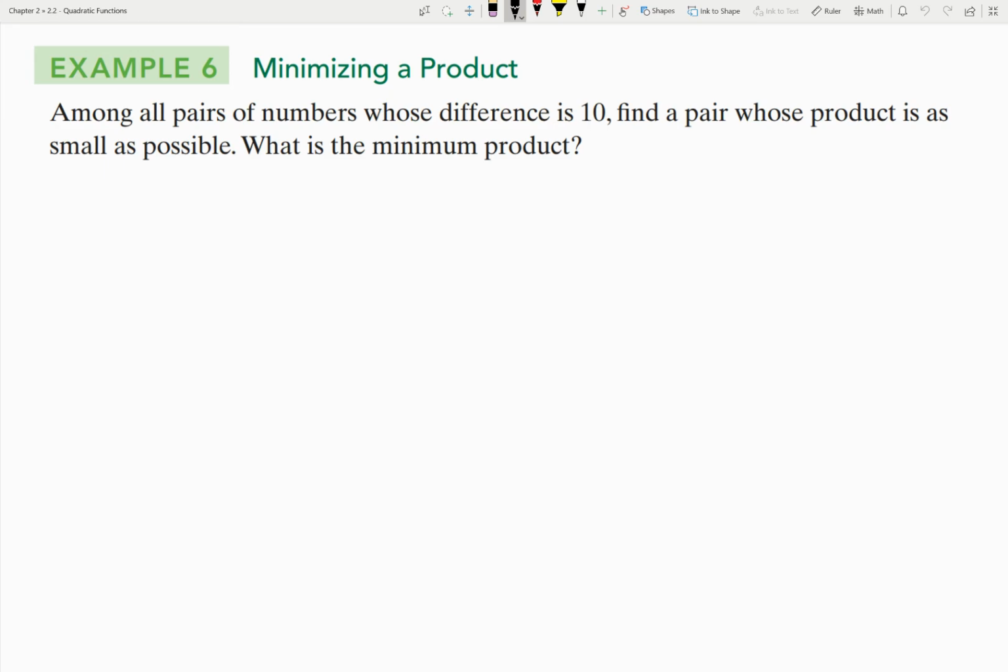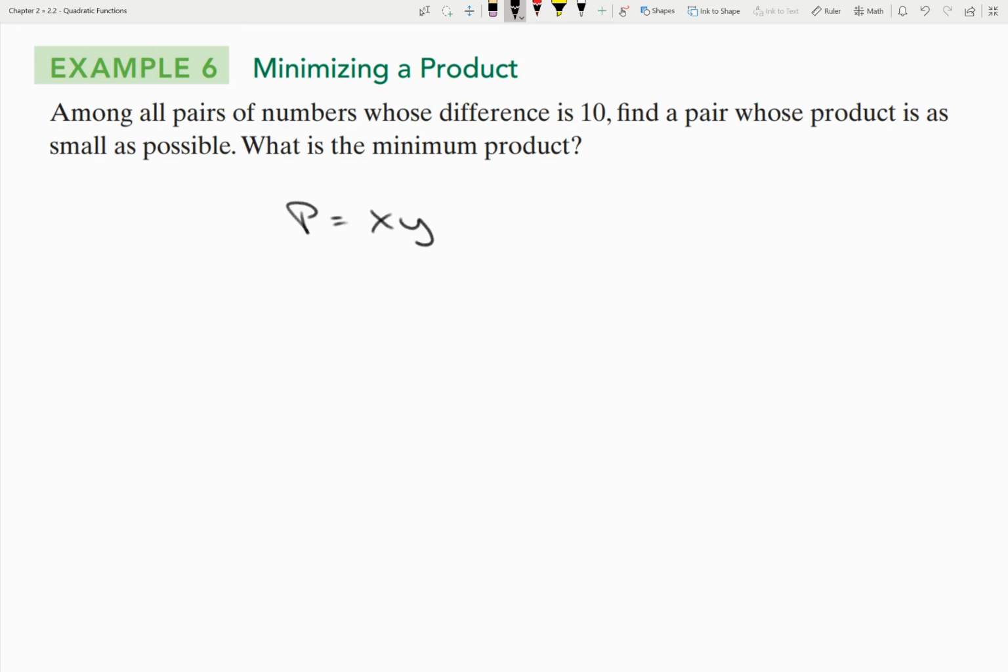Among all pairs of numbers whose difference is 10, find a pair whose product is as small as possible. Okay, so first we're finding the product of two numbers. That's what we want to minimize.